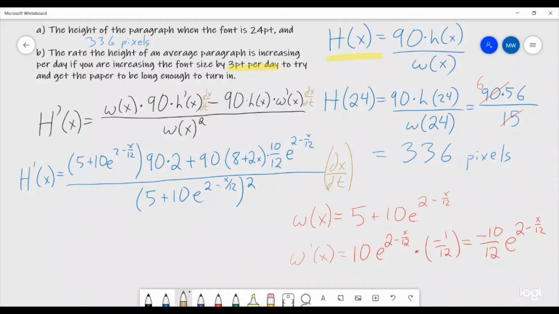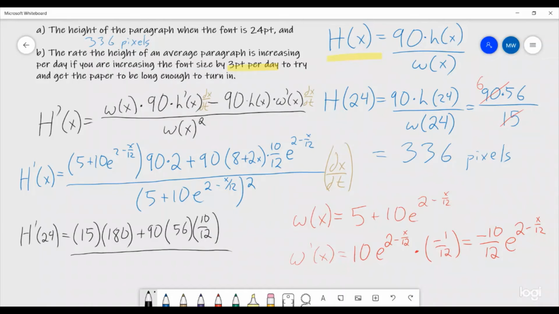So, going through and plugging in the different values, we find that h prime at 24 is going to be 5 plus 10e to the 0, so that's 15, times 180 (90 times 2 is 180), plus 90 times (8 plus 2x), let's see, 8 plus 48, that's 56, times 10 over 12 times e to the 0, that's times 1, all over 5 plus 10e to the 0, that's all over 15 squared, multiplied by dx dt.